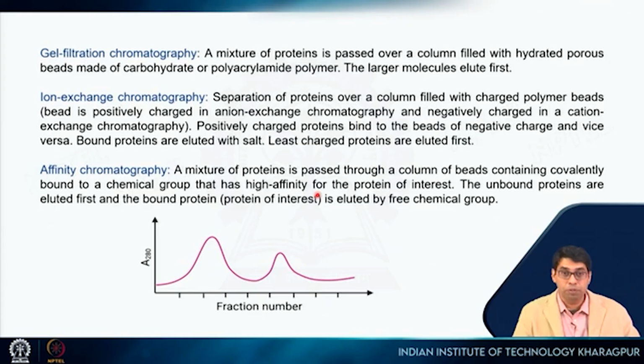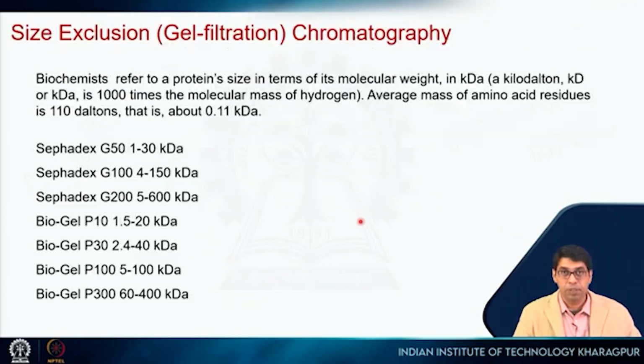Glutathione will be covalently linked to the column and your protein will bind to it. Everything else will flow through, because they will not bind to glutathione, right. And then you can pass dissolved glutathione through your column. Your protein will bind to this soluble glutathione and then it will come off from the column, right.